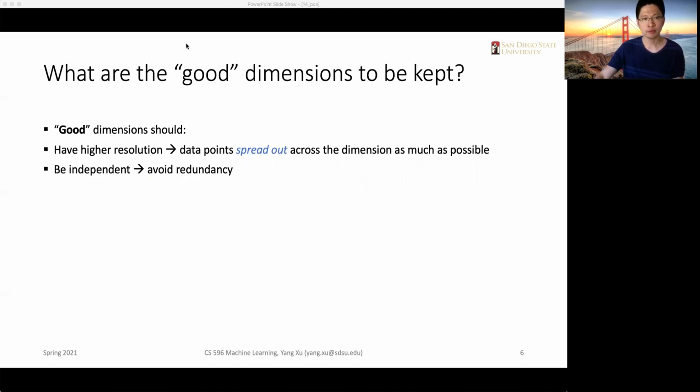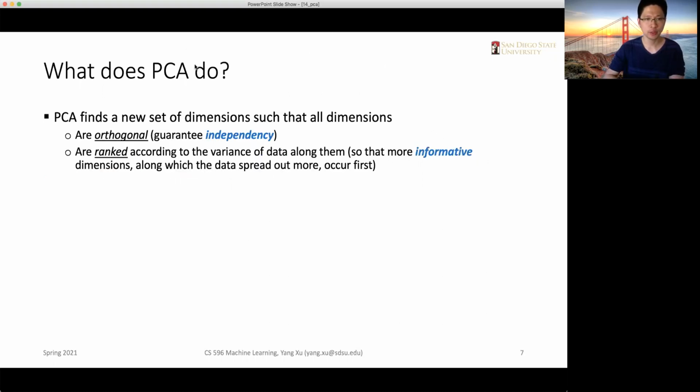So that's why we want to use PCA to make sure that the resulting dimensions are orthogonal. And more importantly, all those dimensions returned by PCA are ranked according to the variance of data along them.